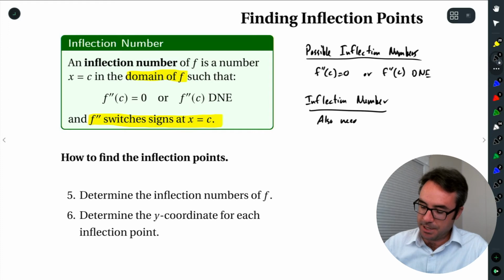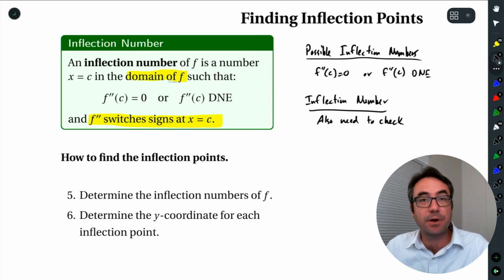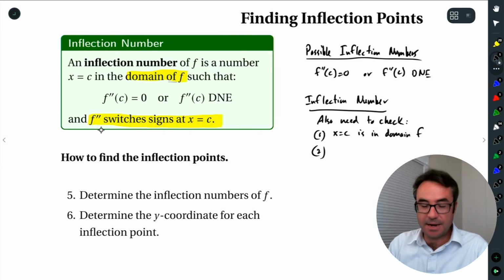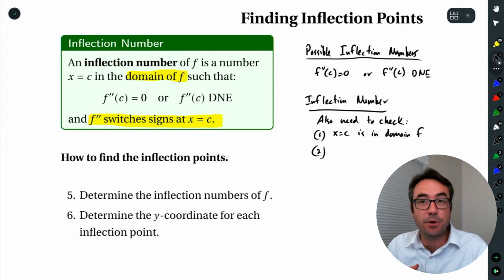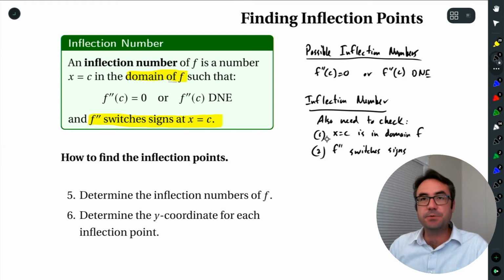So we also need to check two things. One, the number has to be in the domain of our original function, so our function has to be defined there. And the second thing is that f double prime has to switch signs. So it has to either go from positive to negative or negative to positive.